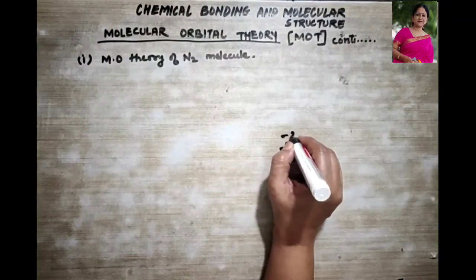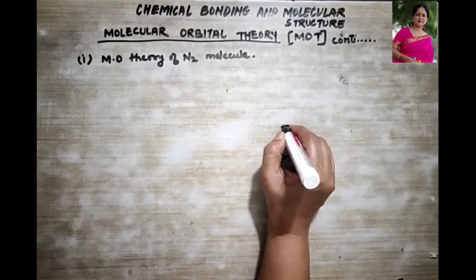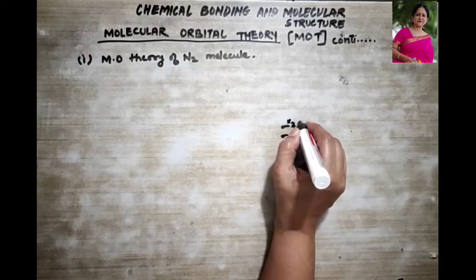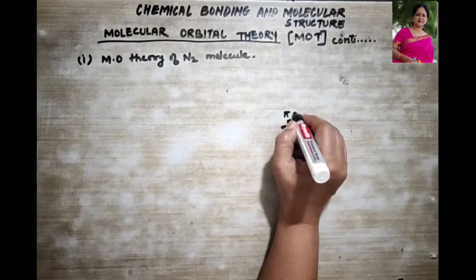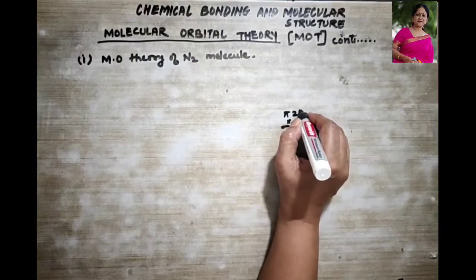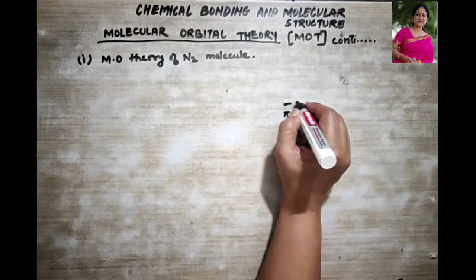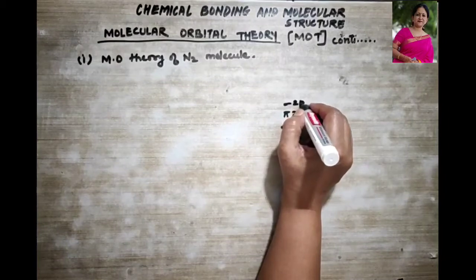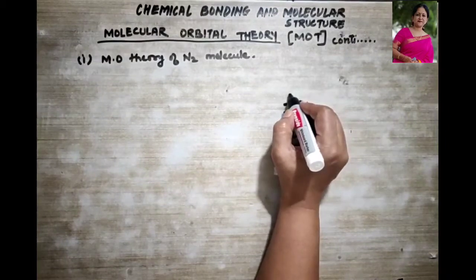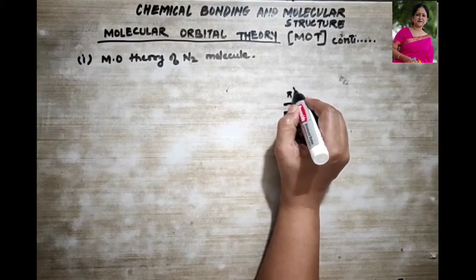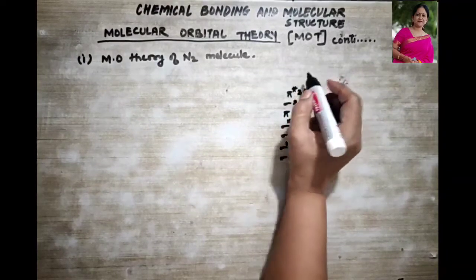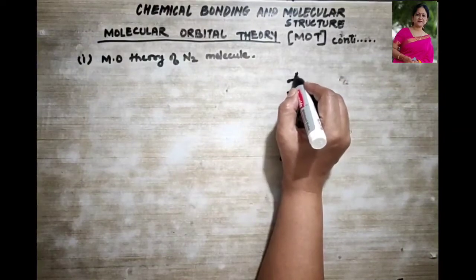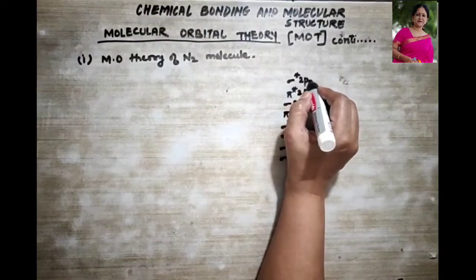Then sigma 2s, antibonding 2s, then pi 2p, then sigma 2px, then antibonding pi 2p, then sigma antibonding 2px.